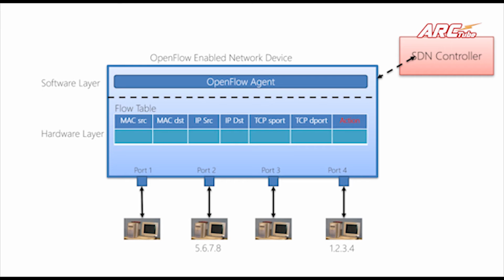And then we have a controller, the SDN controller, to control these things. Because if you can remember, you separate the control plane from the data plane. So your data plane or the forwarding plane is within the network device, and your control is now logically centralized within the SDN controller. So one of the key components in any SDN architecture is the SDN controller.